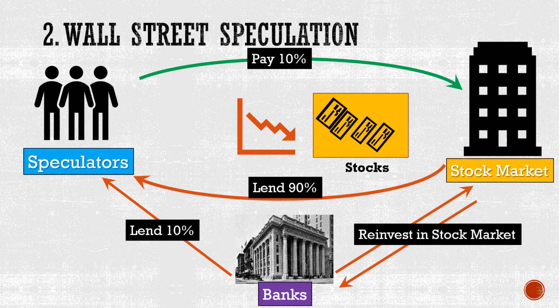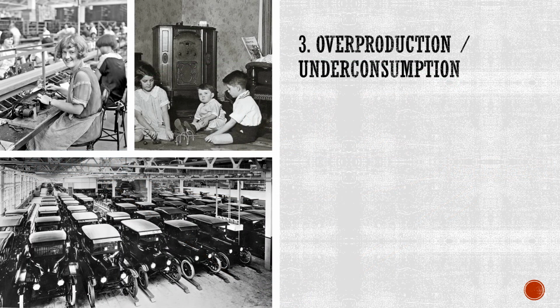The third factor contributing to the Great Depression is overproduction and underconsumption. By the time we get to the late 1920s, we're at the height of the Second Industrial Revolution. Production techniques, assembly line techniques, had become so sophisticated that products had become cheaper and cheaper to produce.